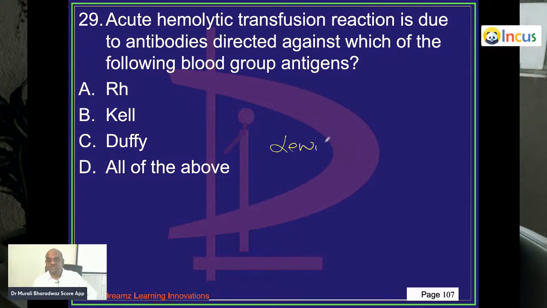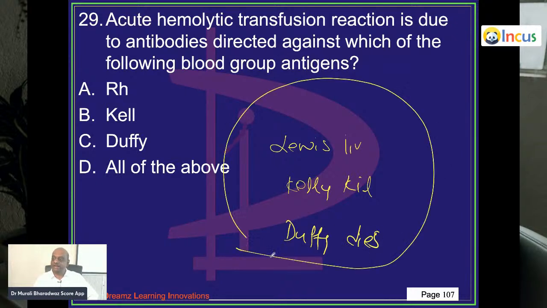Lewis lives, Kelly kills, and Duffy dies. Other than Rh factor on the RBC, you have Lewis factor, Kelly factor, Duffy factor, which are the antibodies that can be generated if you give repeated transfusions.